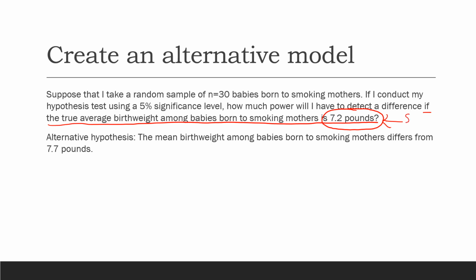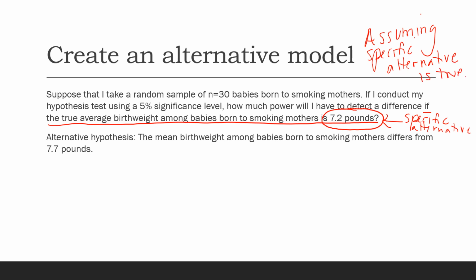So this is my specific alternative, and my alternative model is going to be assuming the specific alternative is true. What I know is the sample size is 30. That's going to be important for understanding how much variability I'd expect to see in this alternative model. I also know that the specific alternative hypothesis is that the mean is equal to 7.2.